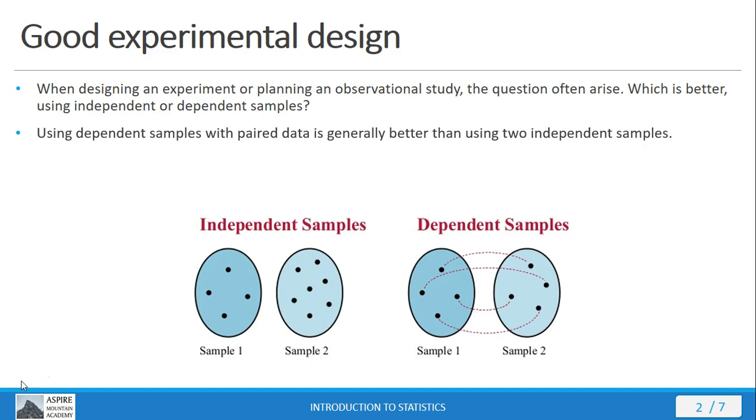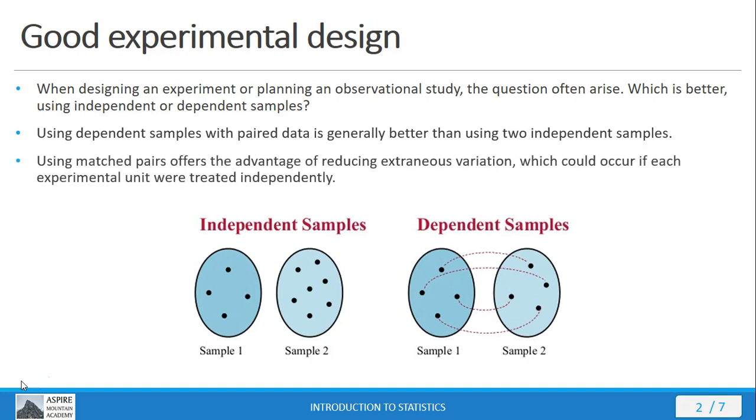The reason for this is because matched pairs reduce the extraneous variation. So because you've got a link between a unique data point in each individual sample, it's that relationship that minimizes the variation between the two samples as a whole.